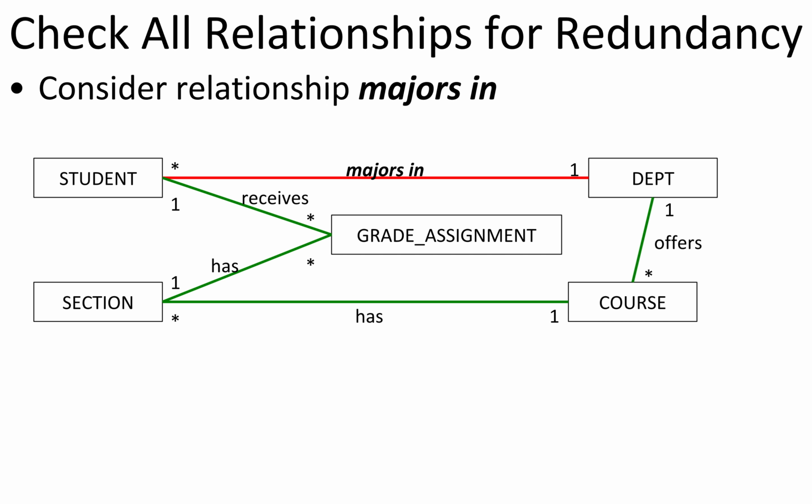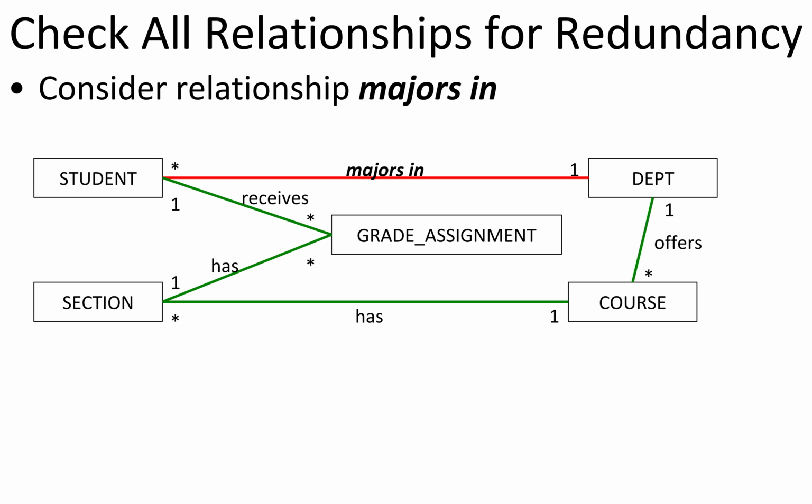Here, at first look, there might be a redundancy, since I could answer questions about students enrolled in different departments and the courses and whatnot. I could certainly navigate following the green paths or the red path to see the relationship between the department and the students. But notice that if I remove the majors-in, I could always answer which courses are being taught in the department, which sections for a given department.